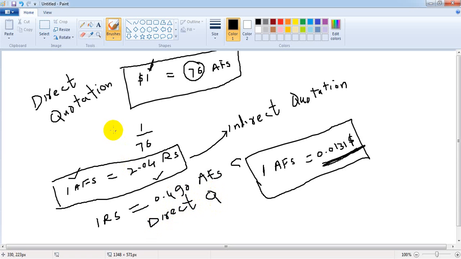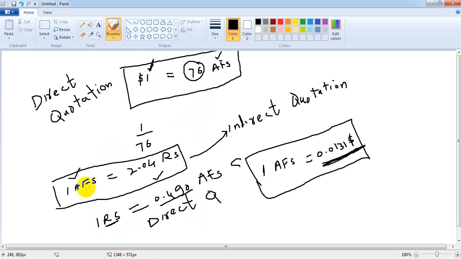So direct quotation is when one unit of foreign currency is equal to how many units of local currency. Afghani is local currency, dollar is foreign currency.